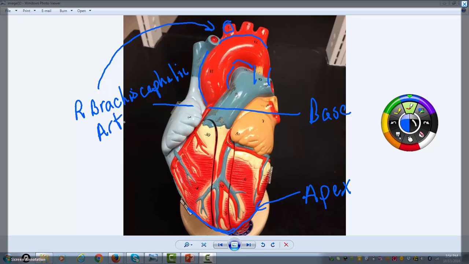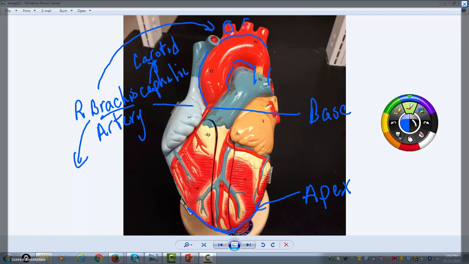Now, if you look at the name brachiocephalic, the brachiocephalic branches into the brachial artery, and then it branches into the carotid artery, the right common carotid artery.